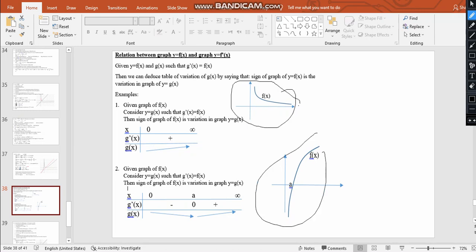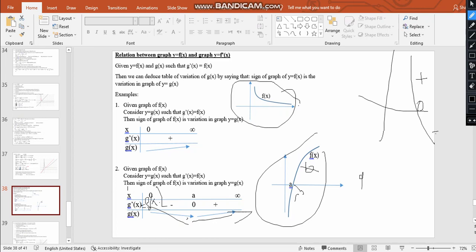This table of sign will be the variation, because here it's minus, 0, plus, so it will be decreasing, then increasing. In that other case, it will be plus, 0, minus, so since g prime of x equal f of x, it means up, then down.